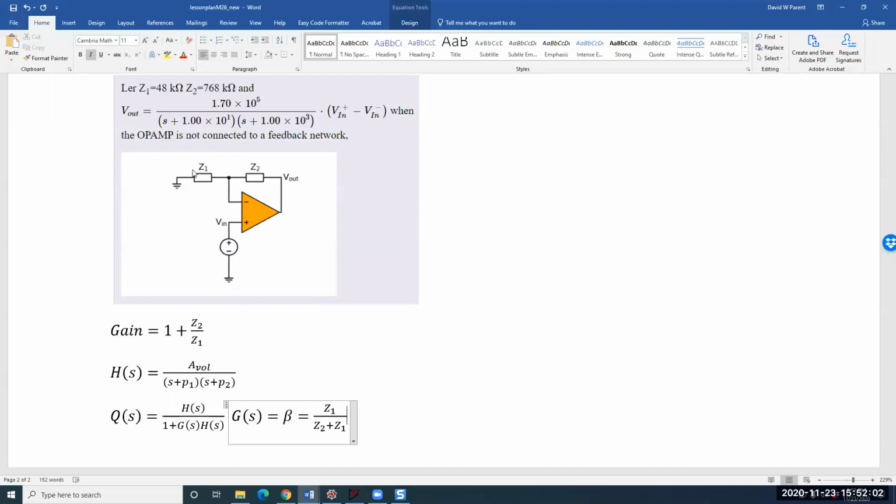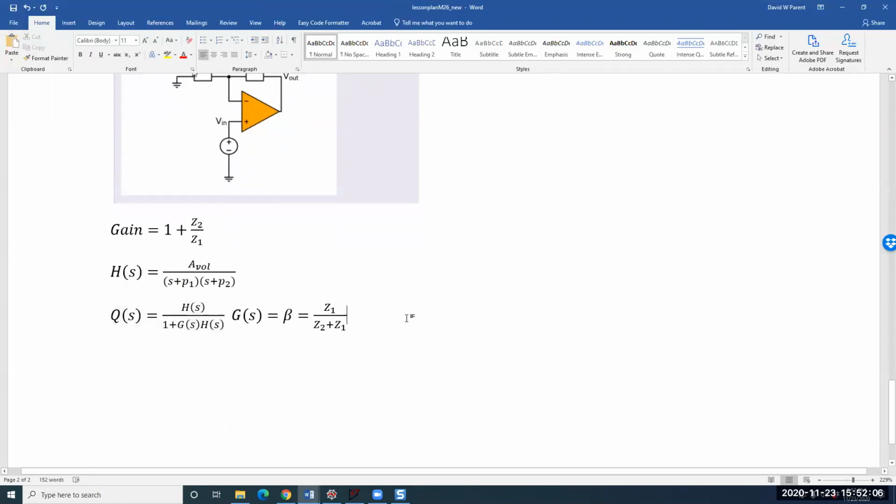Okay. So we have G of S, we have H of S, and we know that that's the numerator, which will appear here.